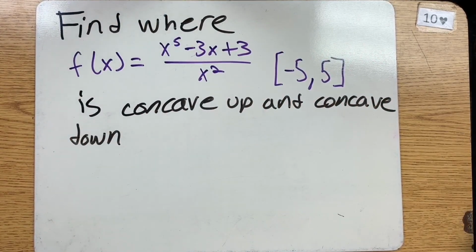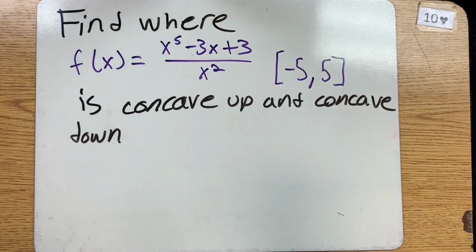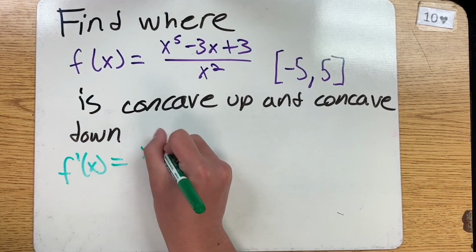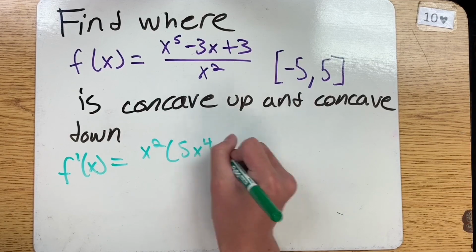Next, we're going to find the intervals of concavity of the function f of x equals x to the fifth minus 3x plus 3 all over x squared on the interval negative 5 to 5. First, we're going to take the first derivative using the quotient rule, then simplify.